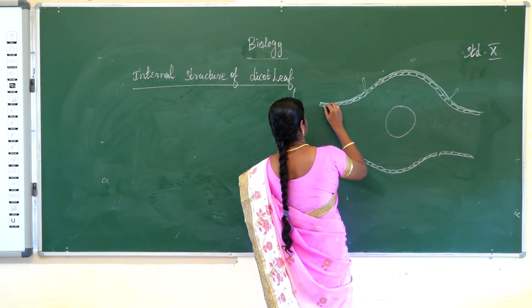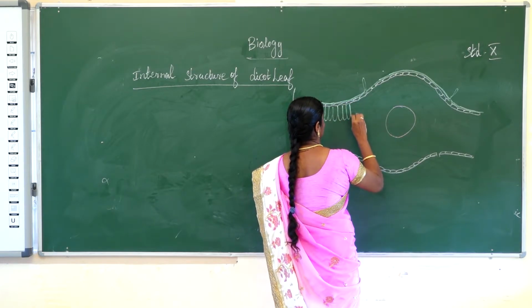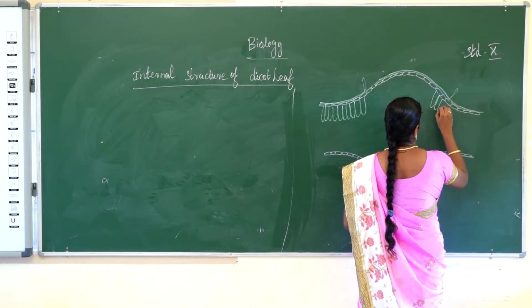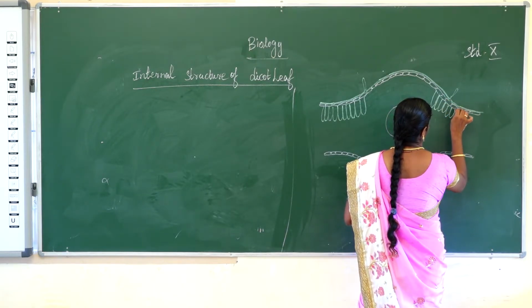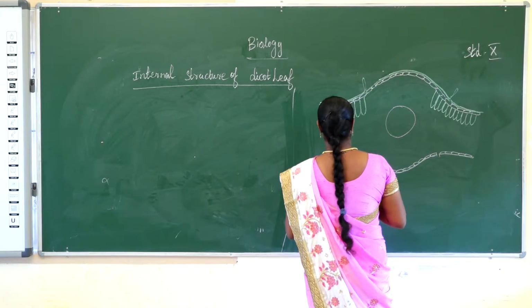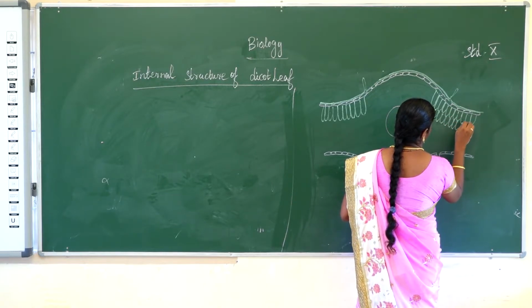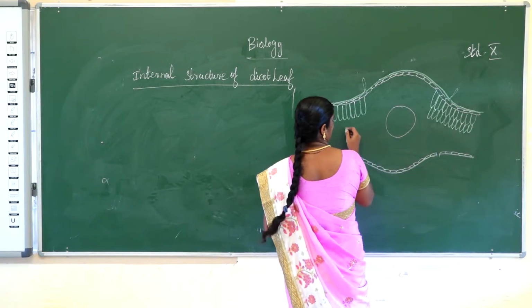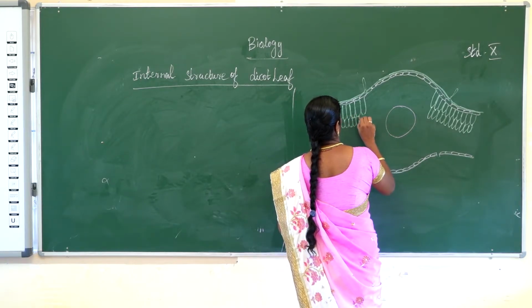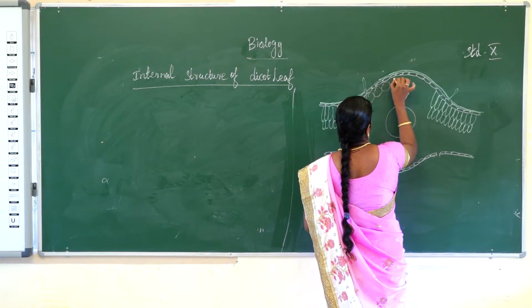Next, palisade parenchyma. It is made up of parenchyma cells.